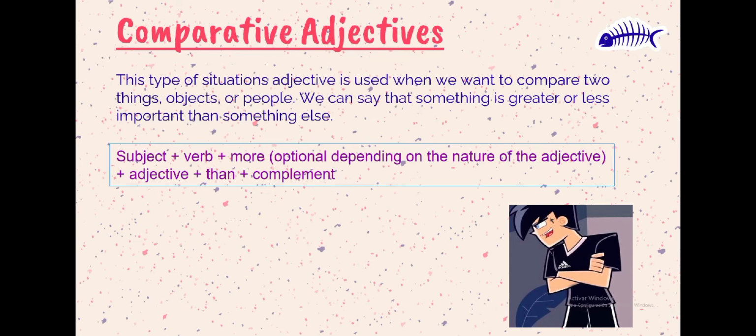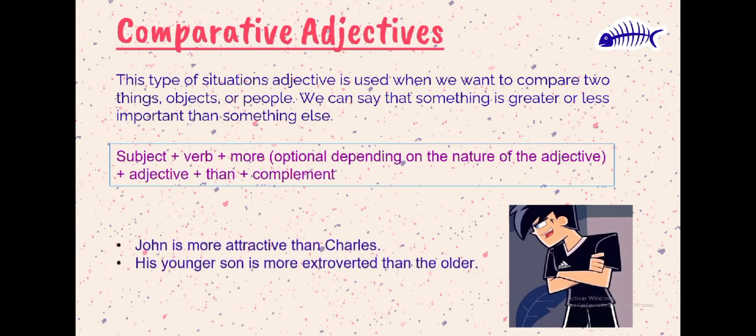Structure is subject, verb, more (optional depending on the nature of the adjective), adjective, than, and complement. Example, John is more attractive than Charles. His younger son is more extravagant than the older.